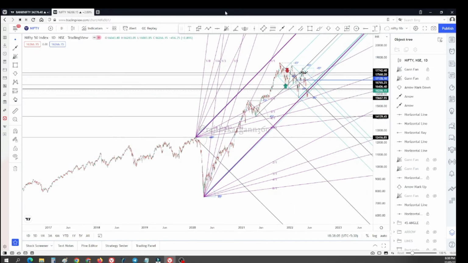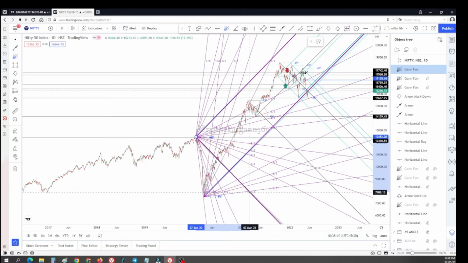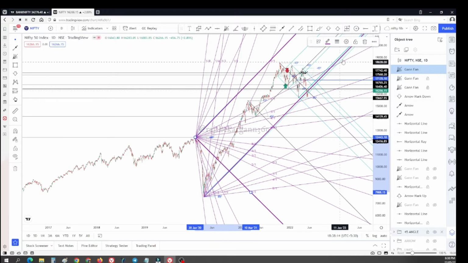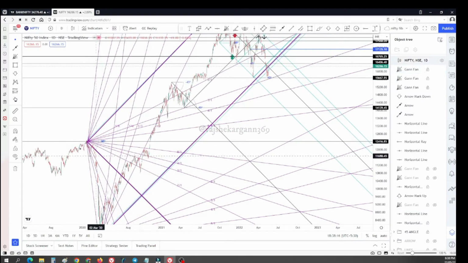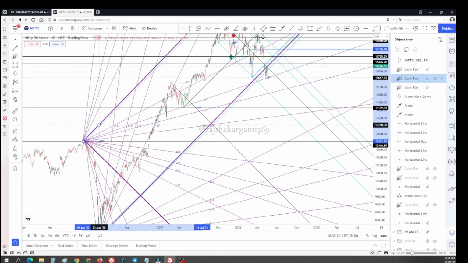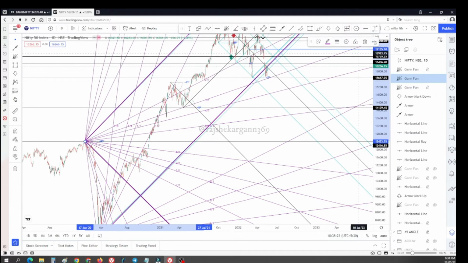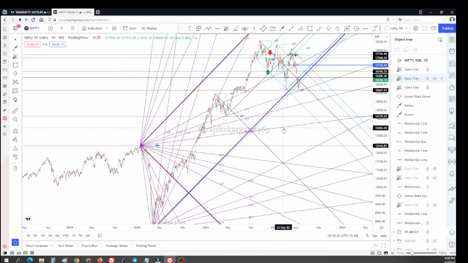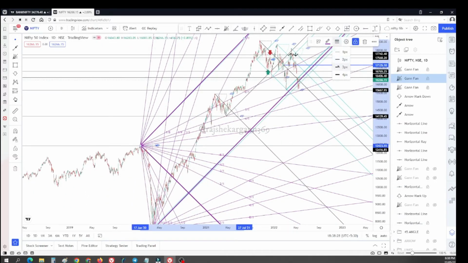This is for long-term view, and the one which is going down from here is also equally important, right? So I'm just marking it approximately. Now let's make it right. Okay, so now let's make this little bit bolder.